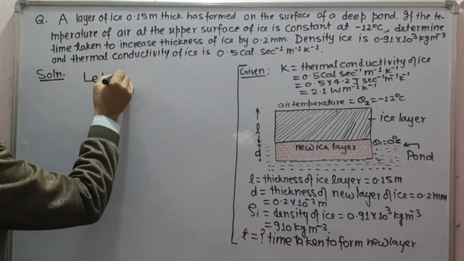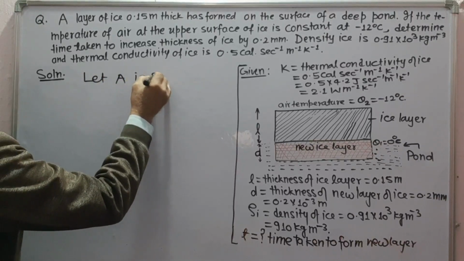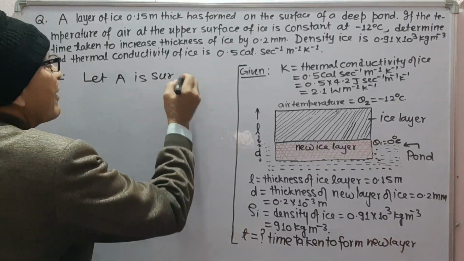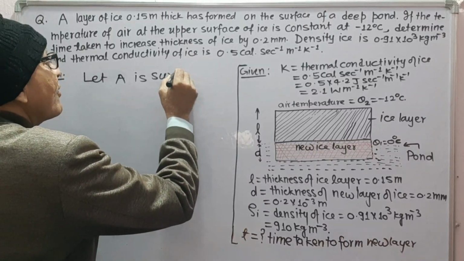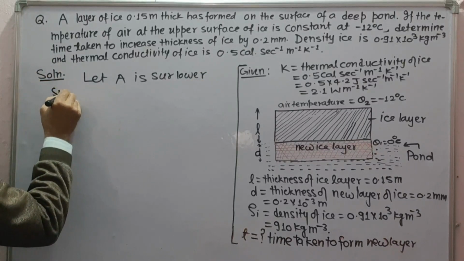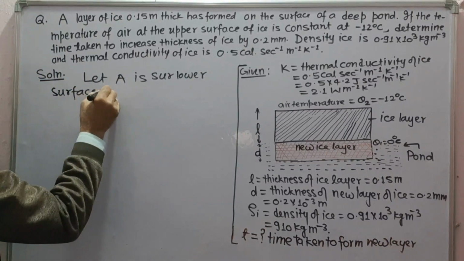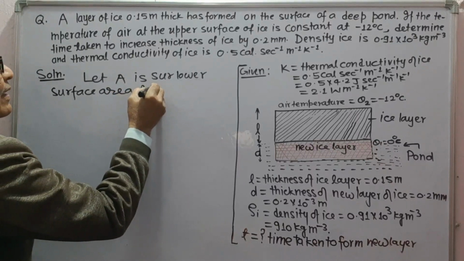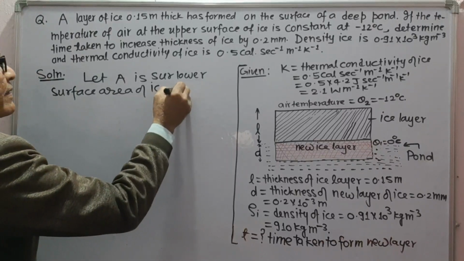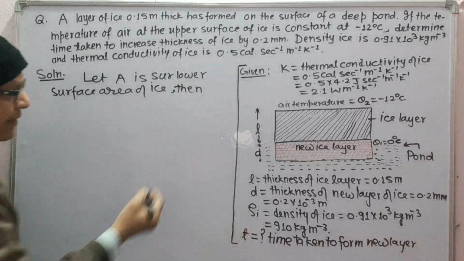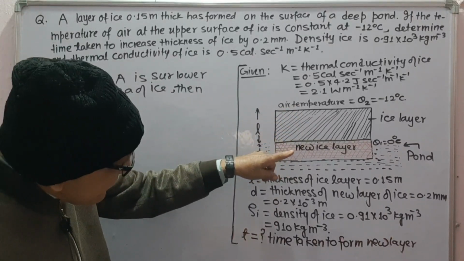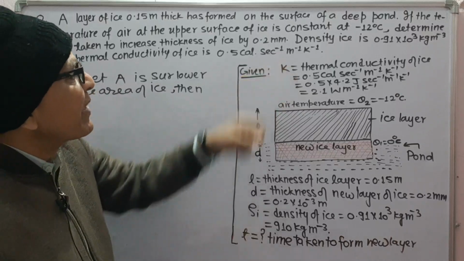Let A be the lower surface area of ice. Then this will conduct heat from lower surface to the upper surface.